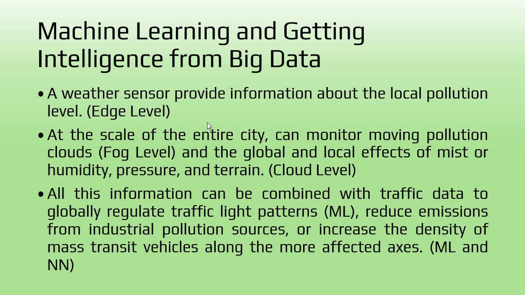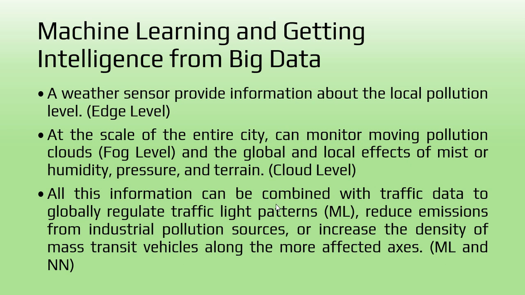A weather sensor provides information about the local pollution level at the scale of the entire city, and can monitor moving pollution clouds, fog level, and the global and local effects of mist, humidity, pressure, terrain and cloud level.